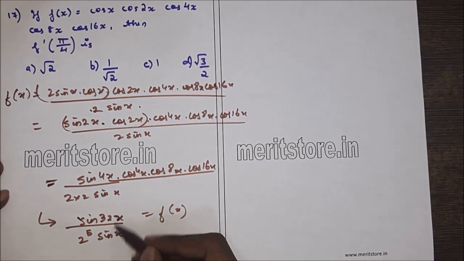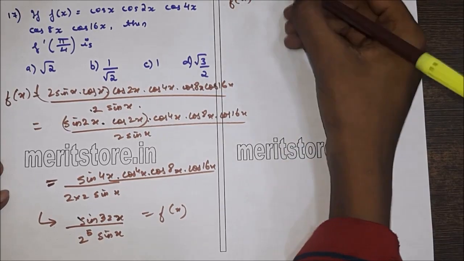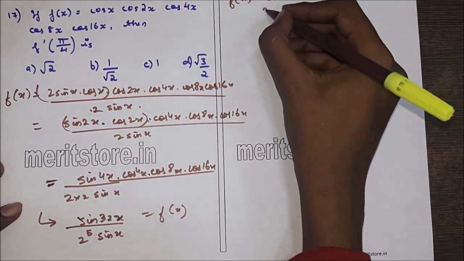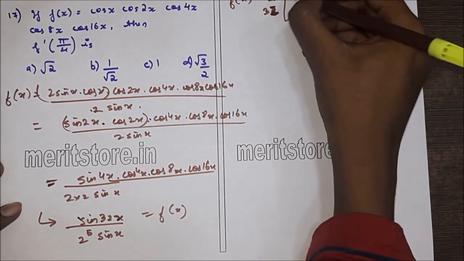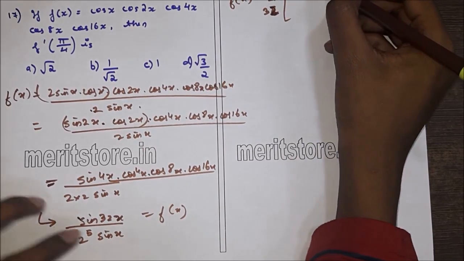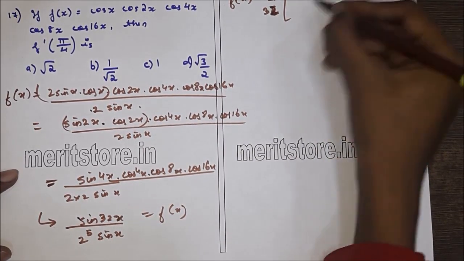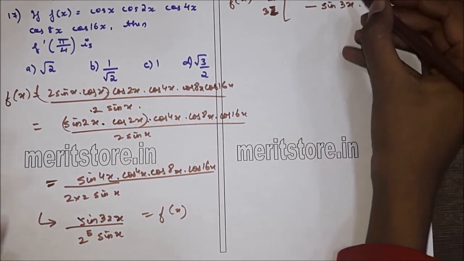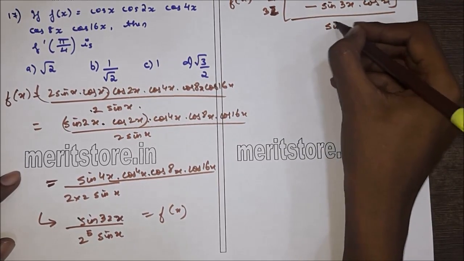So this is in the form of u by v. So we apply the formula of f dash of x is v into derivative of u, 1 by 2 raised to 5 is 32. So v into derivative of u, derivative of sin 32x is cos 32x, minus u, sin 32x, into derivative of v, that is cos x, divided by sin square x.